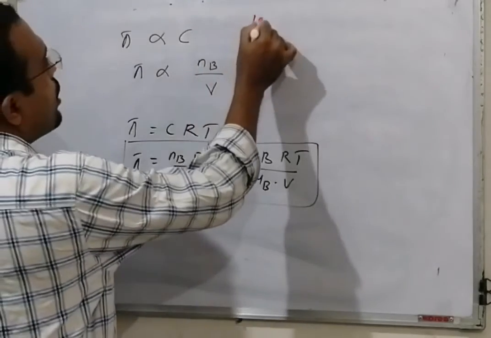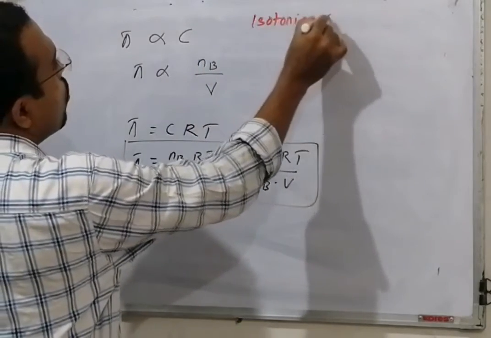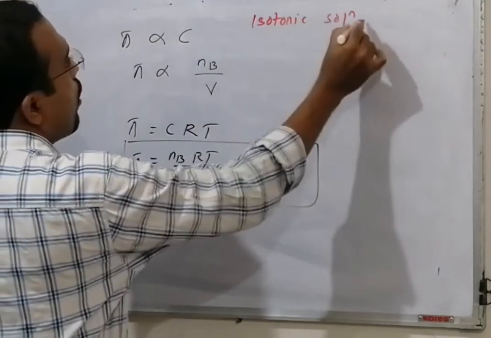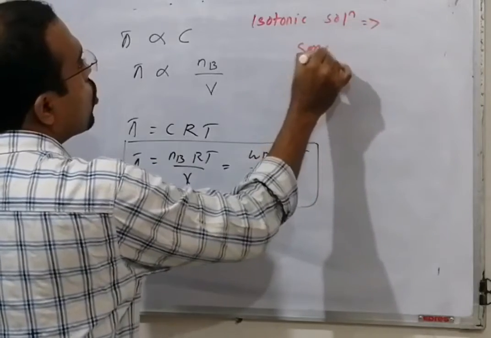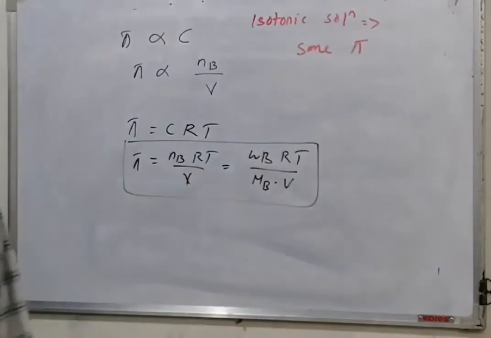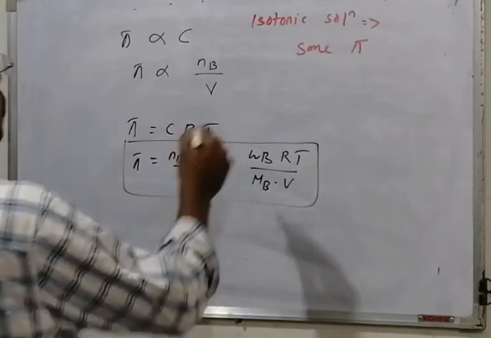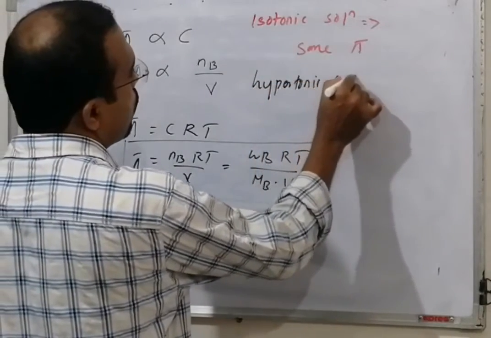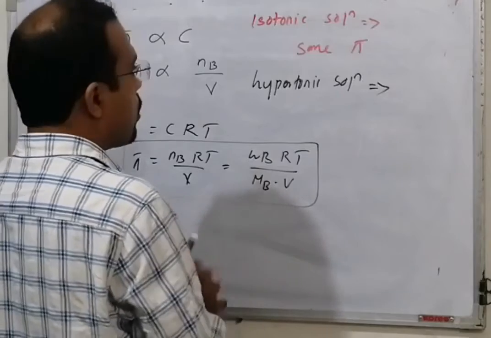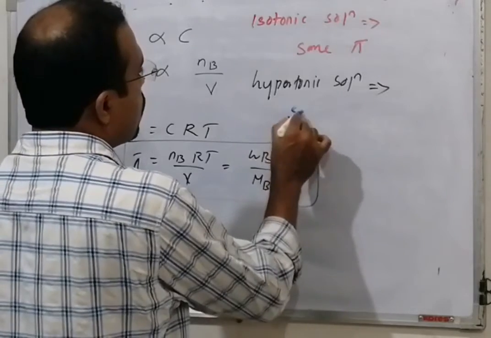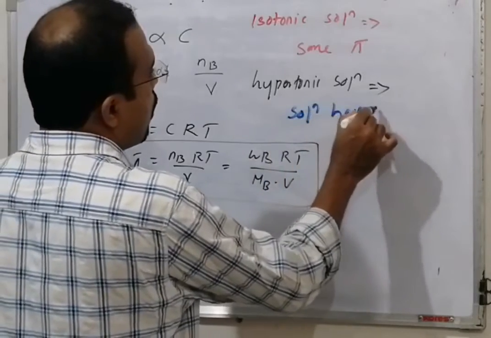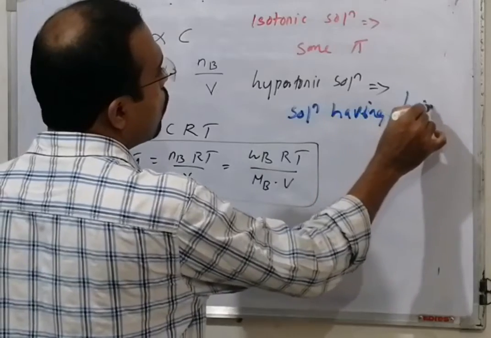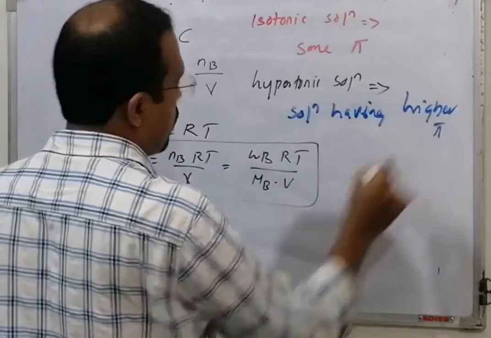Now, what is an isotonic solution? Isotonic solutions are solutions having the same osmotic pressure. Hypertonic solution: what is that? It is a solution having higher osmotic pressure.